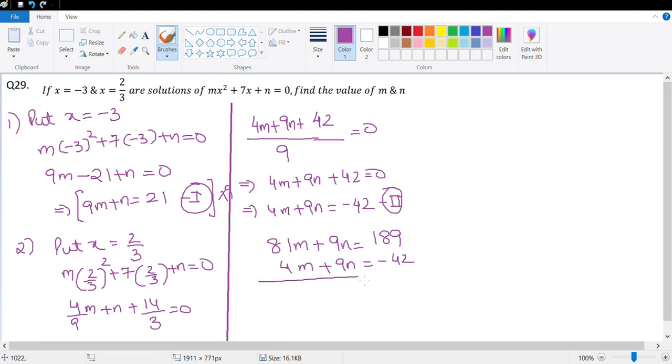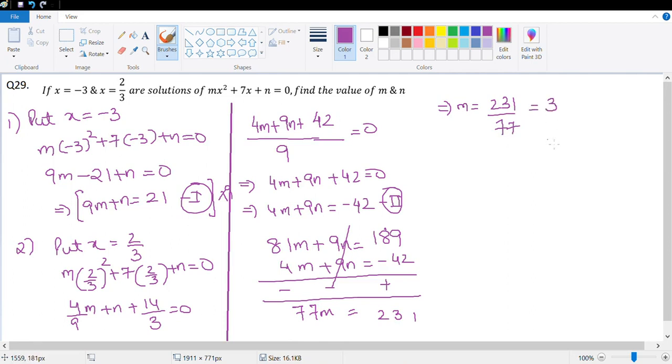Let's subtract; minus minus and plus, the sign changes. So that's 9N minus 9N goes, 81 minus 4. That's 77M is equal to 231, which means M is equal to 231 upon 77. So that will be 3. Yes, M is equal to 3.